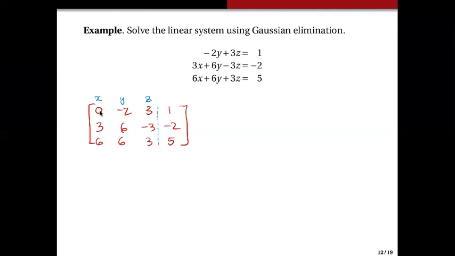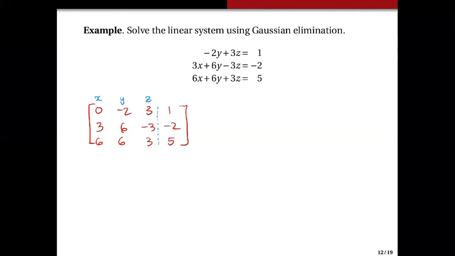Here, this is the leftmost entry. It's equal to 0. So on the first column, that's the leftmost column, this is 0, this is 3, this is 6. So only the second row and third row have a non-zero leftmost entry, which means we have to choose either the second row or the third row and put it on the first row.